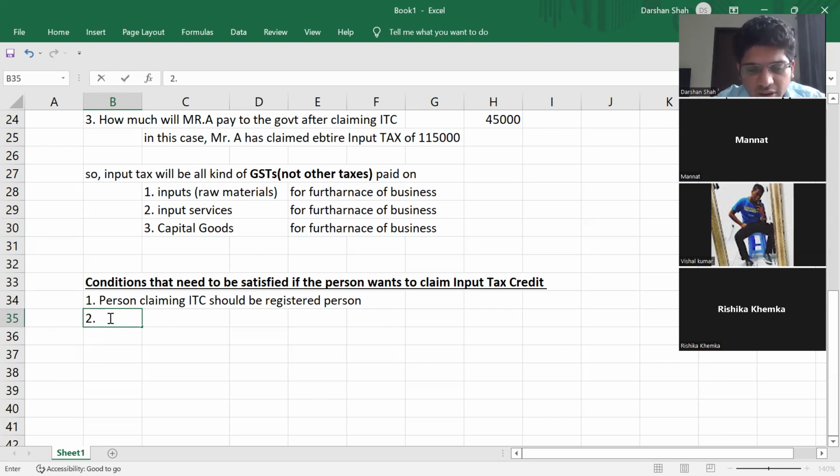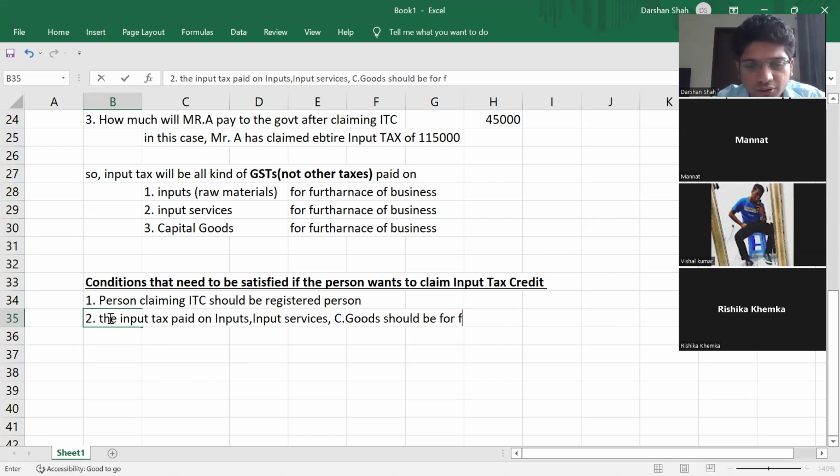Second condition, the GST, the input tax paid on inputs, input services, capital goods should be for furtherance of business.